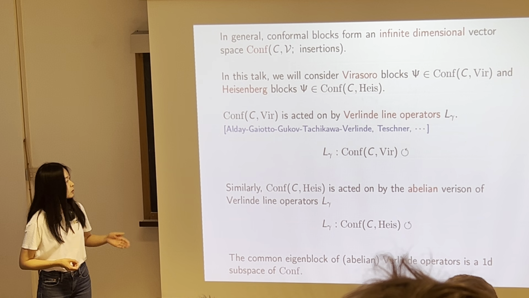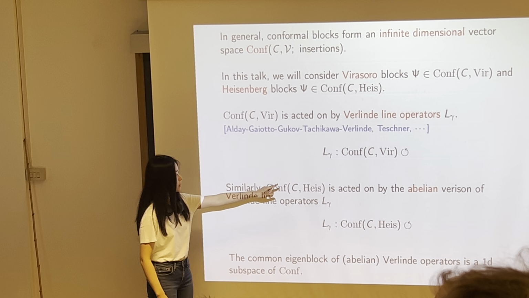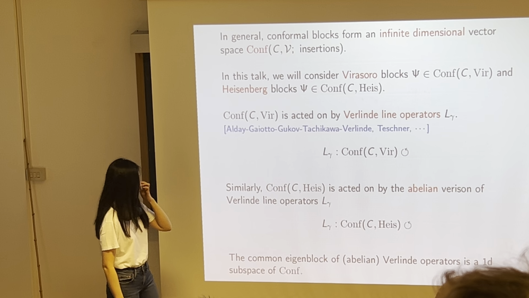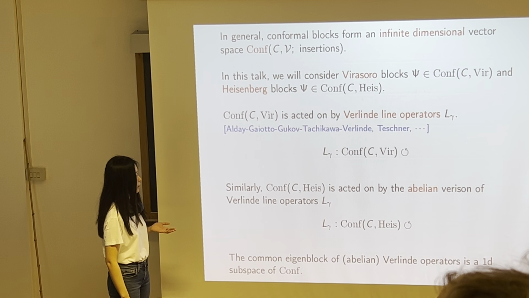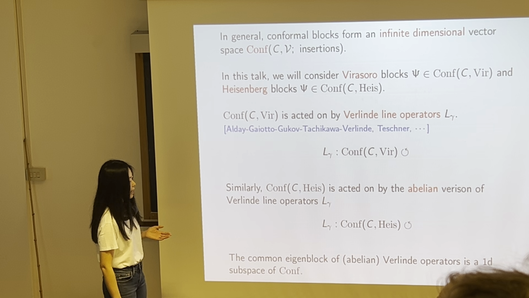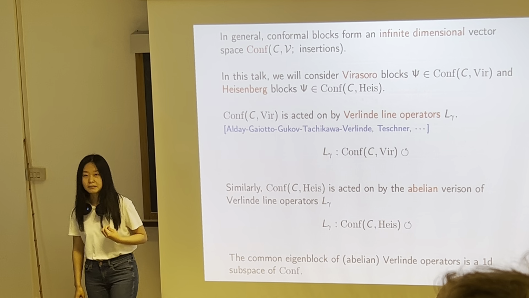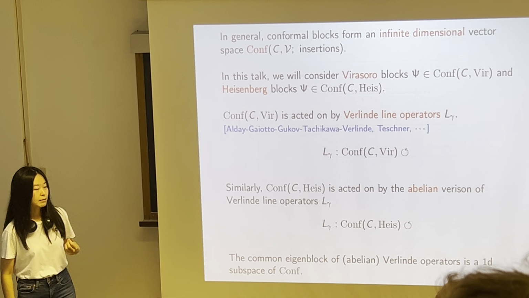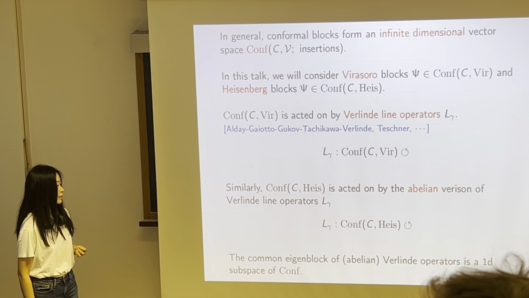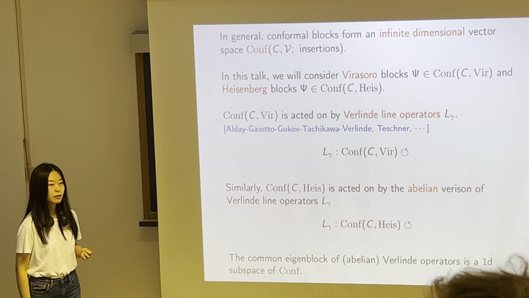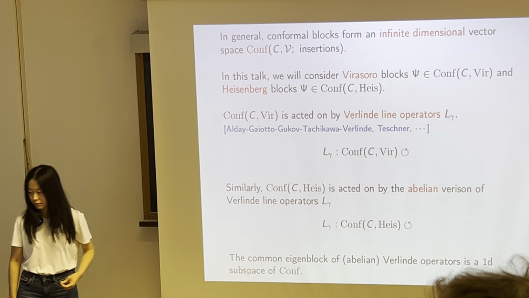They are the original Verlinde line operators L gamma acting on the space of Virasoro conformal blocks, and there are also the abelian version, the abelian Verlinde operators acting on the space of Heisenberg blocks. What's good about having those actions on these infinite dimensional vector spaces is that we can use the eigenblocks of them, which will give us a one-dimensional subspace of this infinite dimensional space.